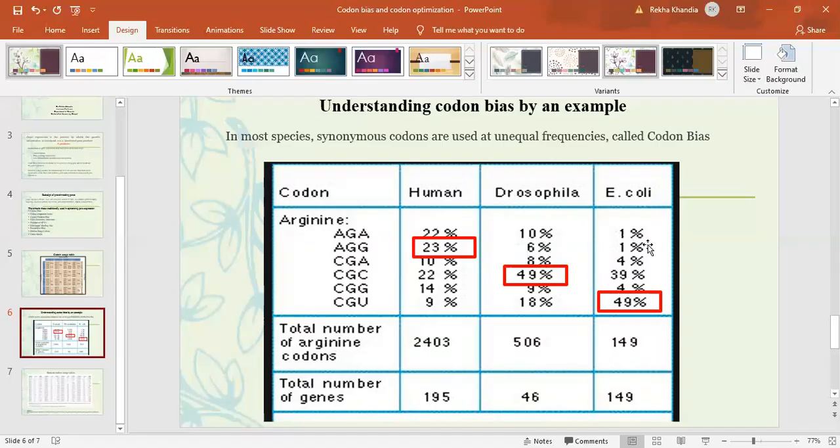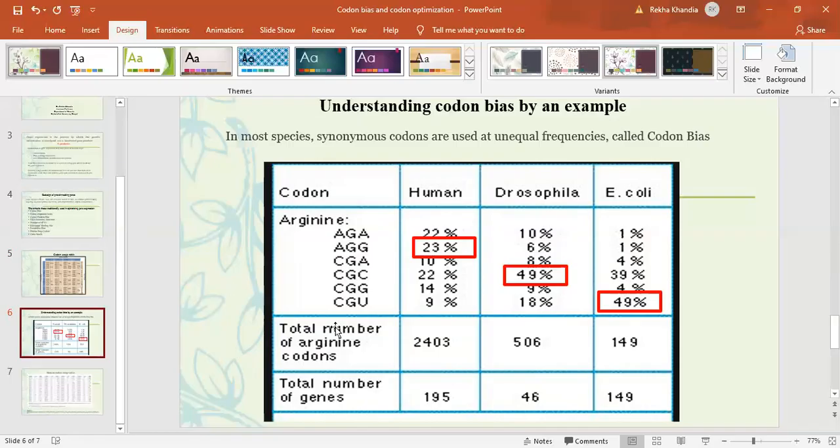So it is very clear that for each organism the preference of codon is different, and it could serve as a signature for a particular organism. This preferring of a codon over the others is called codon bias. So here AGG is biased over other codons in the case of human.